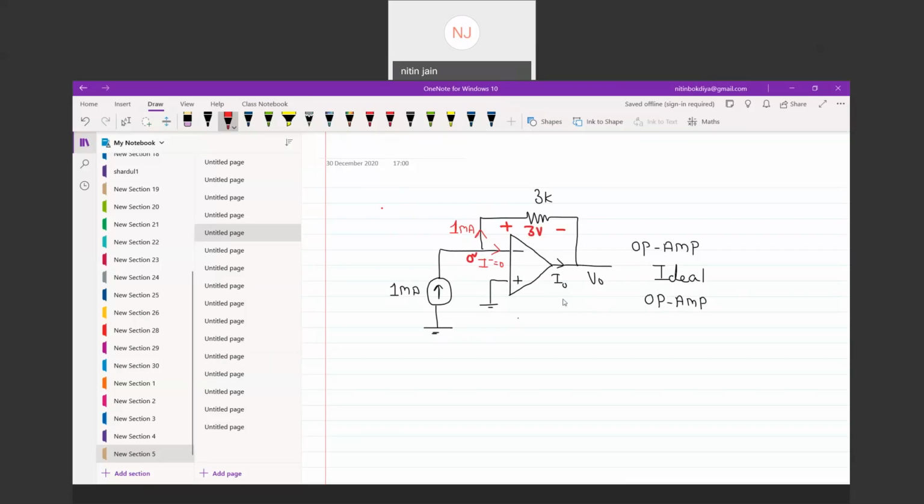The output of this circuit is minus 3. And what is the incoming current? Incoming current to the circuit is 1 milliampere. So what is the value of I naught? I naught is minus 1 milliampere. Minus 1 milliampere is the op-amp's current.